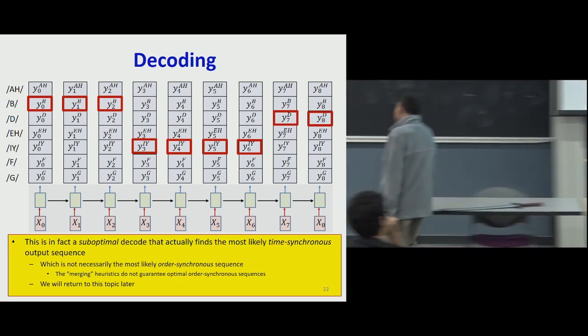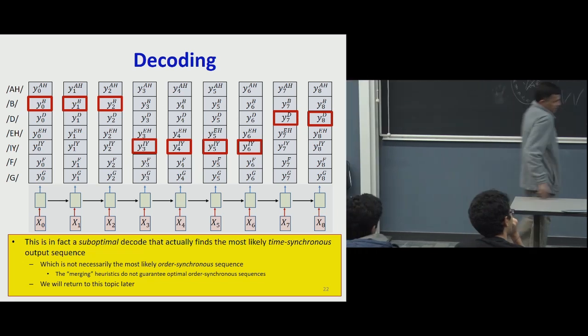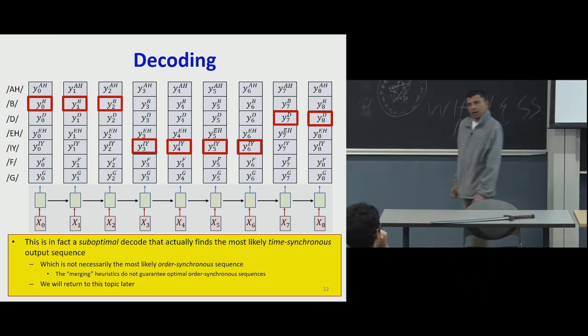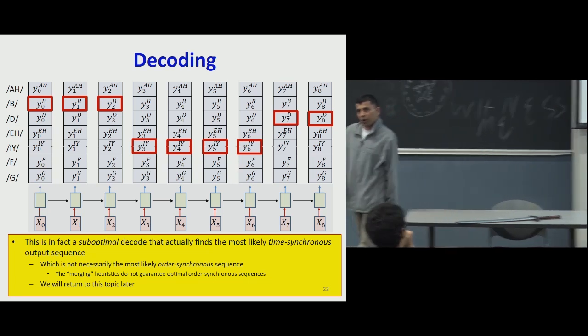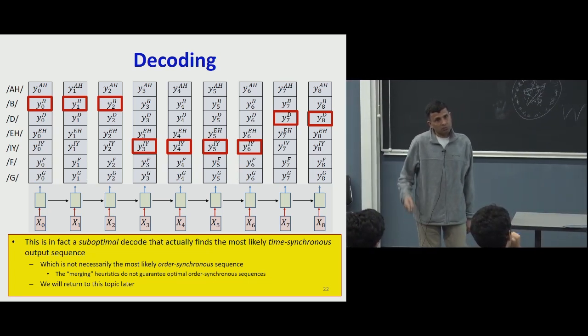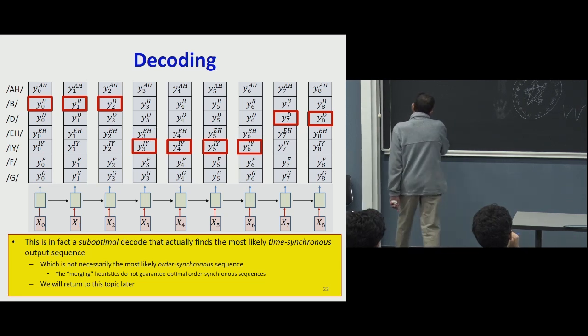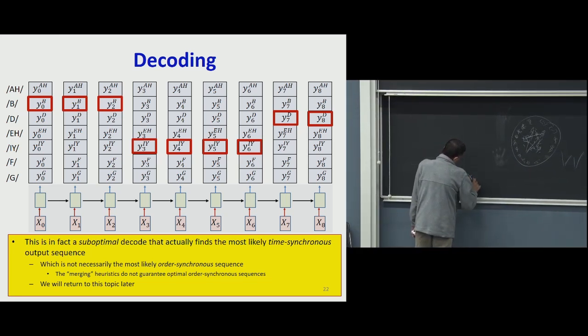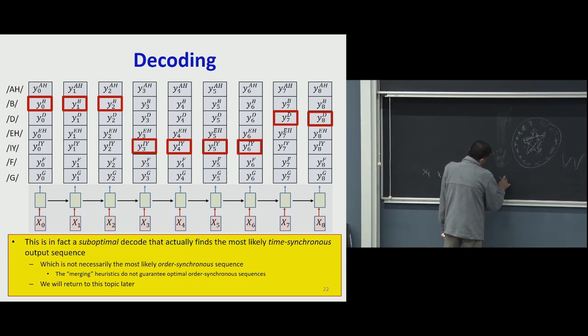So to explain, let's say you have 5 symbols in the output, and you have, say, 6 vectors in the input. So you have x1, x2, x3, x4, x5, x6.